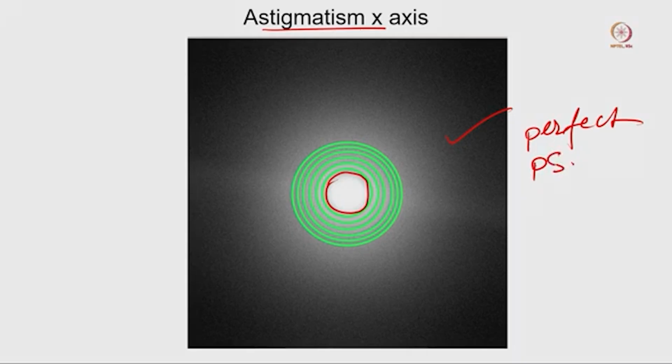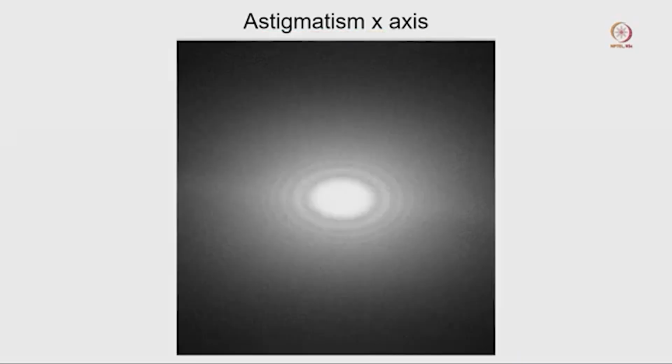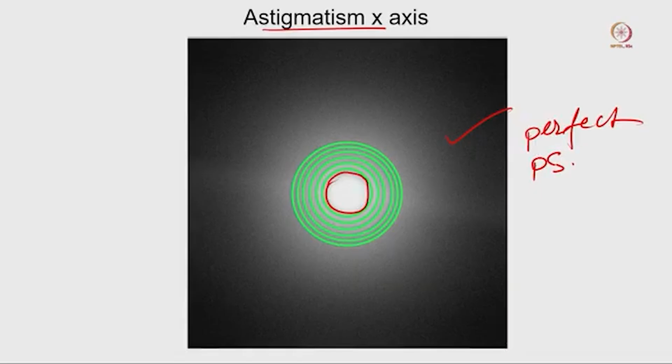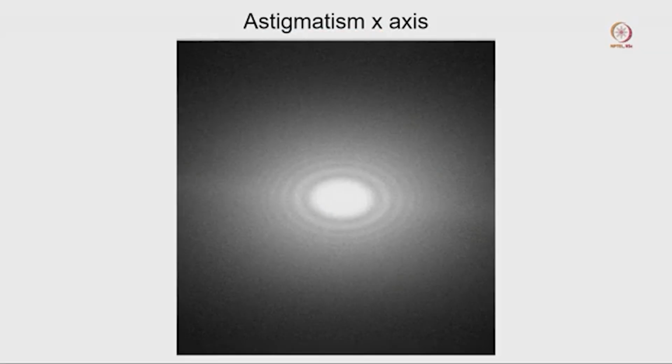Now if I show you the other power spectrum, the previous one was a completely circular power spectrum, with no elliptical shape. But sometimes if you look at the diffraction pattern or the power spectrum, you can see a change of shape. It is looking like an elliptical shape. This is not a circle anymore.